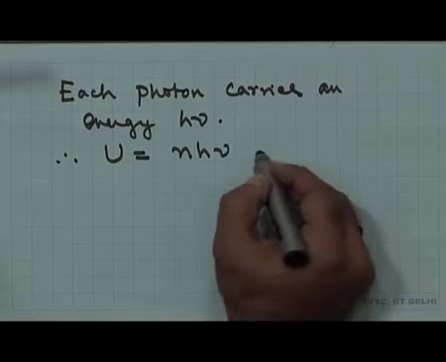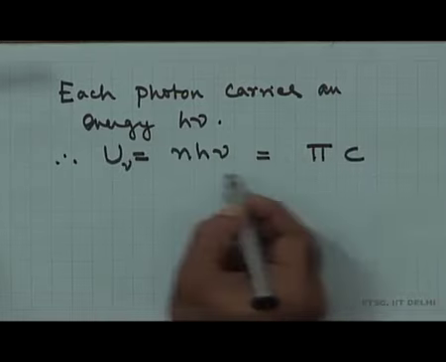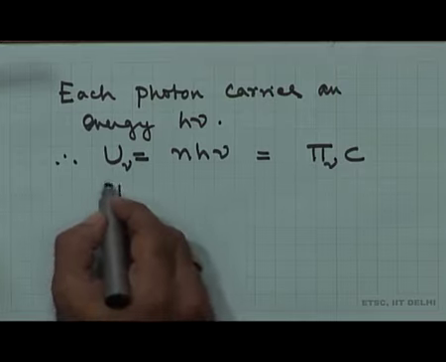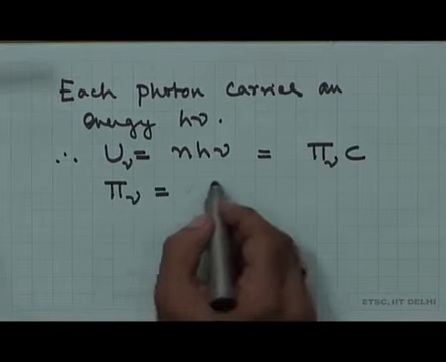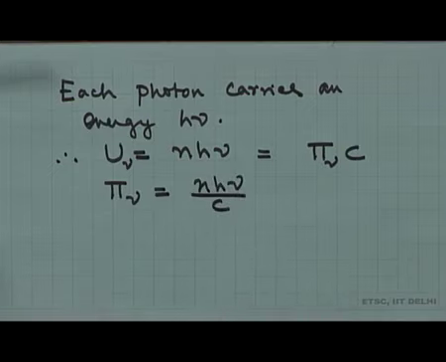But then, since this is given by pi c, so I will put a subscript nu here. This is the energy density associated with that particular frequency. What do we conclude? We conclude that pi nu, if you look at this, is nothing but n h nu by c. That is what I am going to get.